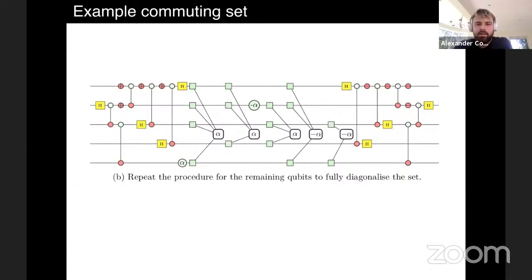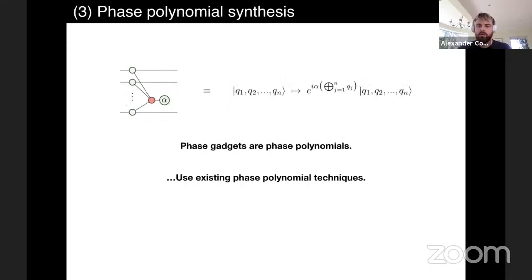Okay, so after we have found a bunch of compatible pairs and introduced CNOTs and single qubit gates, we have the mutually commuting set in the form shown here. And that's when we can use the expressive power of phase polynomials.